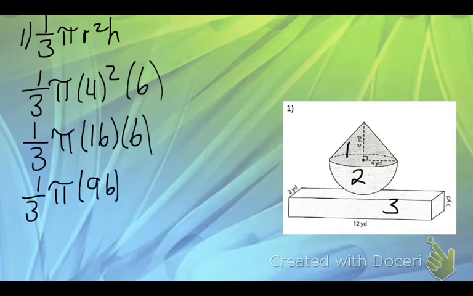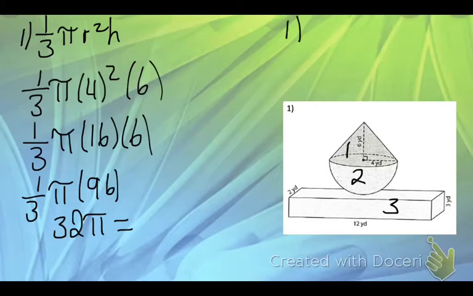Divide 96 by 3 or multiply it by 1/3 and get 32 pi, which is going to equal, once I multiply that out, and we're going to round to the nearest hundredth, 100.53.